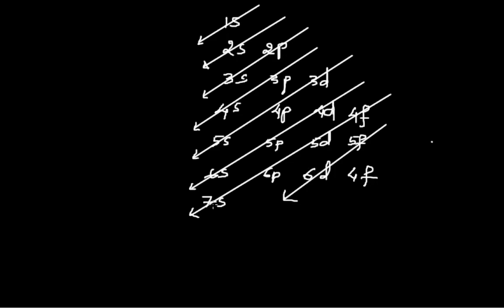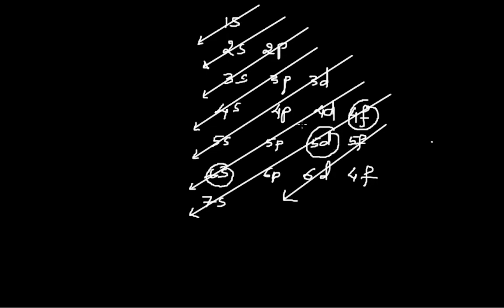Okay, so this is how they are filled, right? Now coming to lanthanides, why is it called anti-penultimate? First 6s orbitals are filled, then 4f, and then 5d.